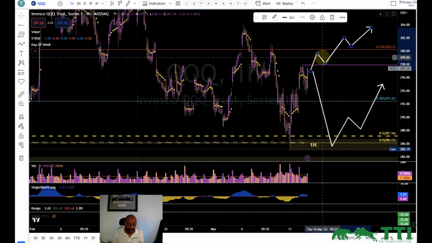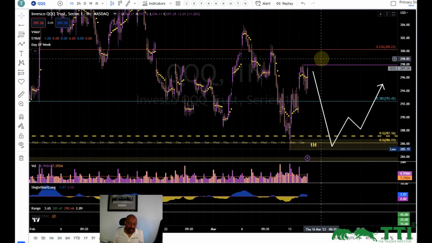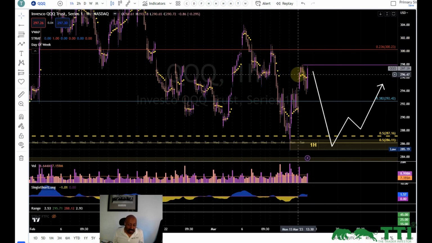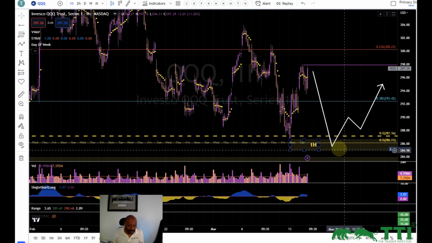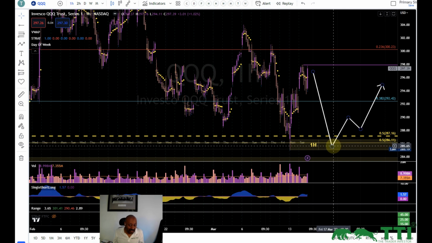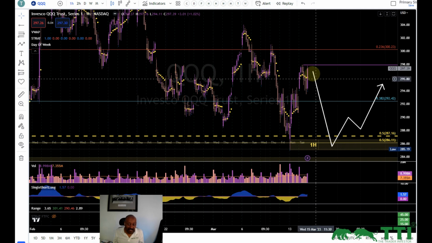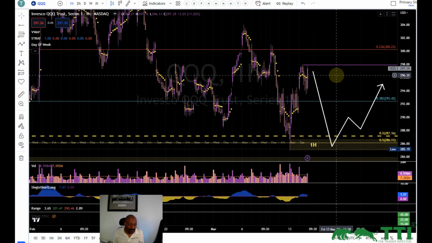But as a trade, I'm not going to take that trade in the Qs. I will take a trade if I get a hammer here. I'll take a trade to the downside, targeting this zone. When I get here, I'll take a trade targeting somewhere here.